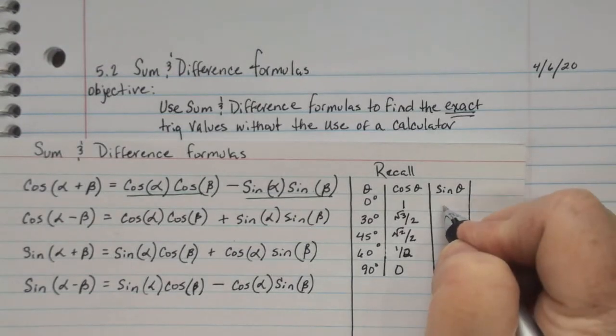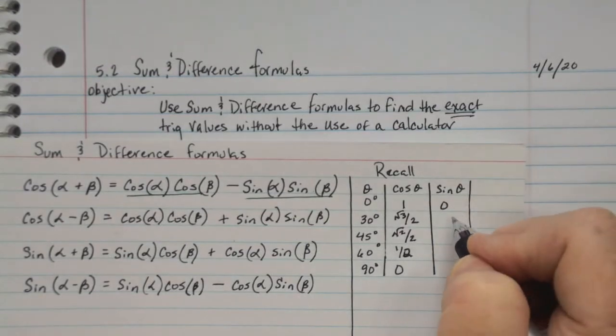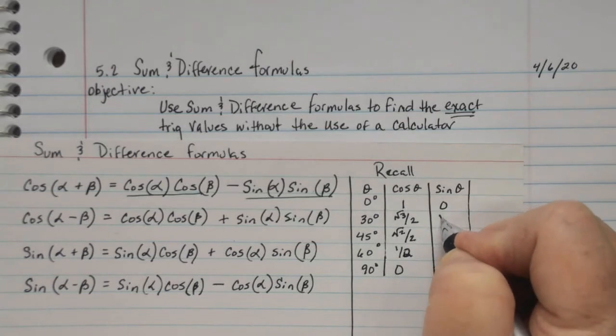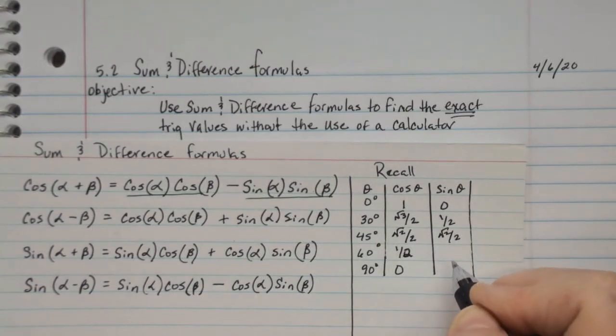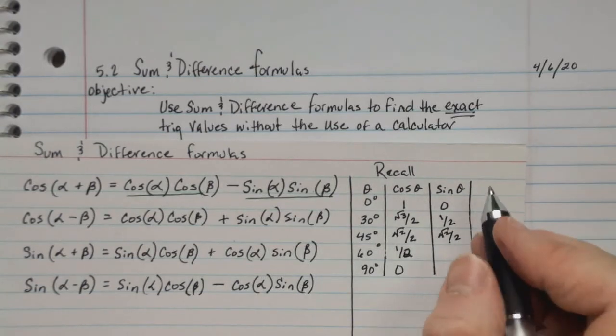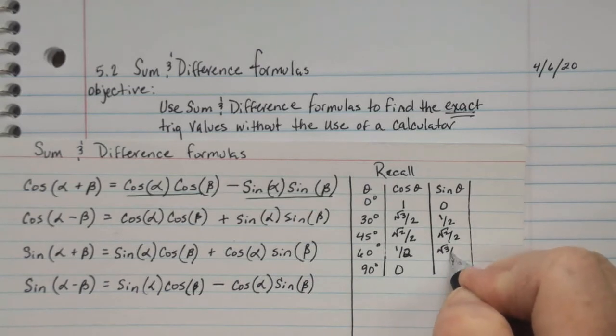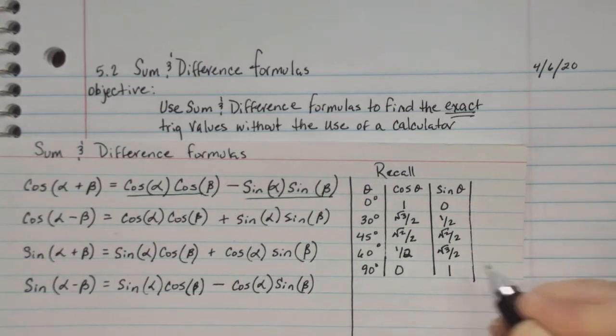Sine of 0 degrees is 0. Sine of 30 degrees is 1/2. Sine of 45 degrees, square root of 2 over 2. And sine of 60 degrees, square root of 3 over 2, and then 1.